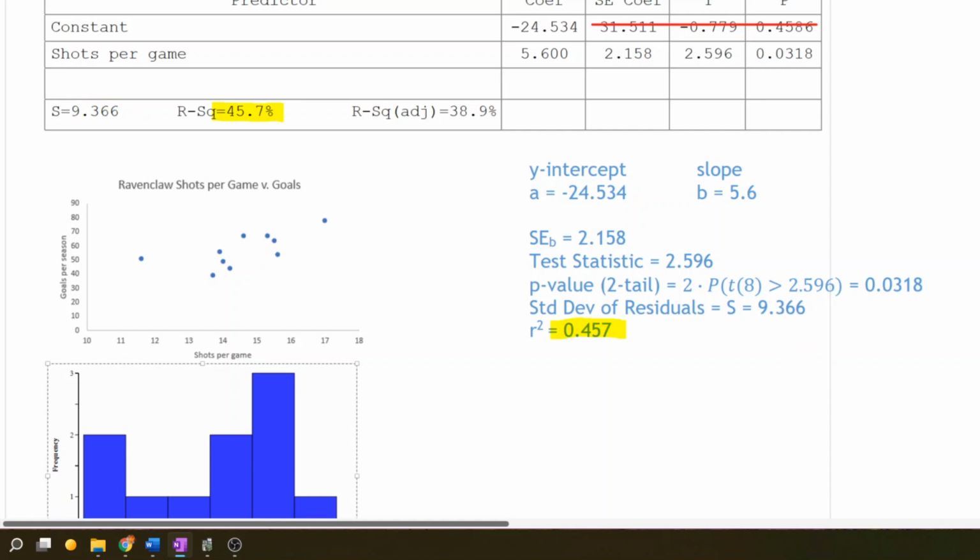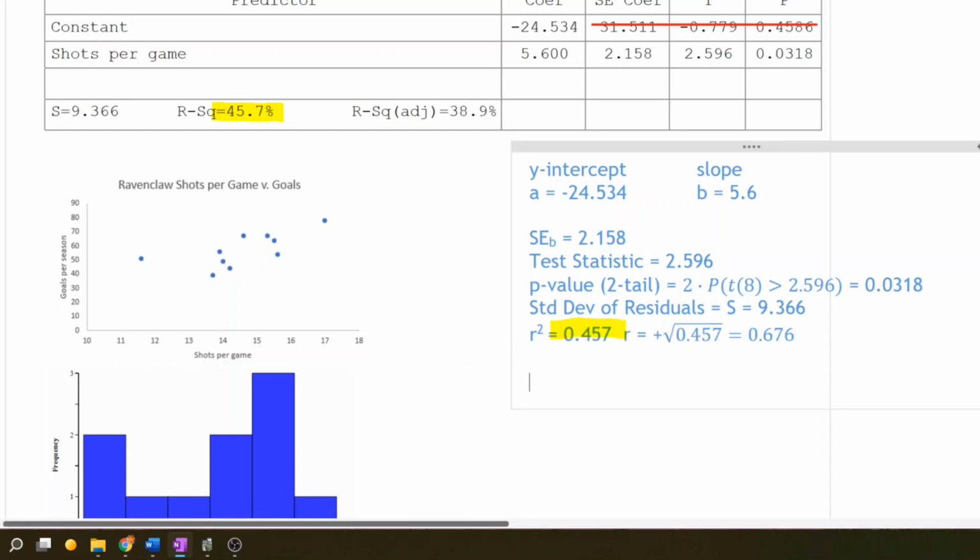The next number is RSQ, and that is R squared. That tells me that R squared is equal to 0.457. The computer output always gives it to us as a percentage, but we're used to looking at that as a proportion or a decimal.